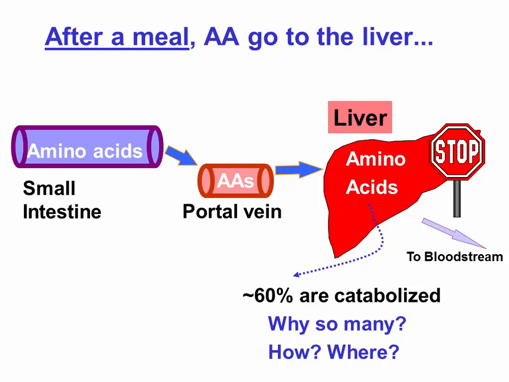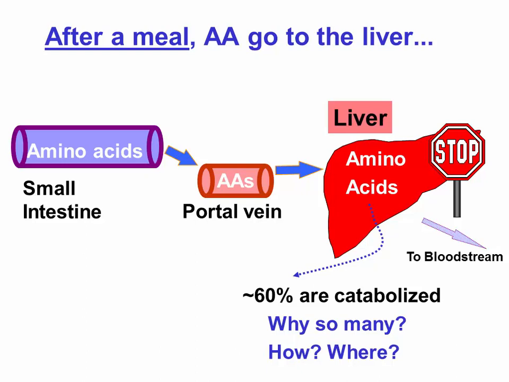Second, it's the primary site for essential amino acid catabolism except for one category, and that category is the branch chain amino acids.